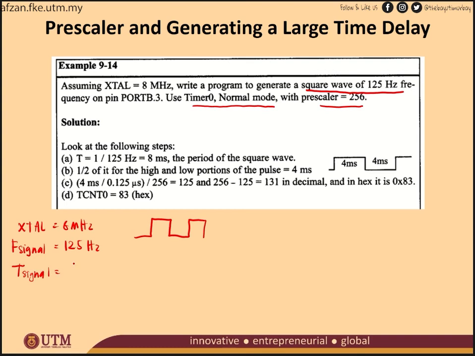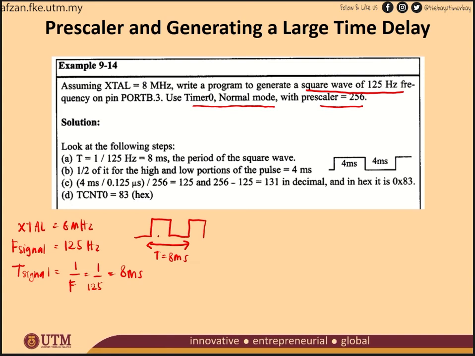T signal equals 1 over F, which is 1 divided by 125, you get 8 milliseconds. This is your T signal for one complete cycle, so T equals 8 milliseconds.